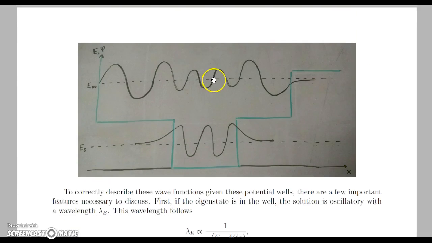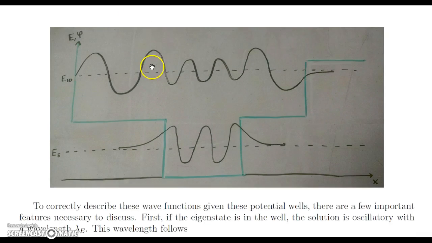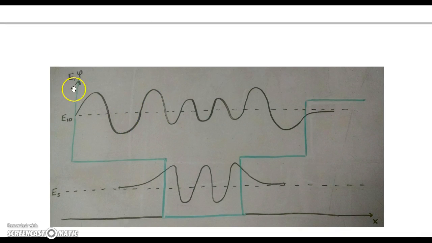Alright, so similarly, we can do some analysis on this one. So we have the 5th and 10th energy eigenstates here instead of the 4th and the 11th, but we're going to get similar things. So here for the 5th one, the wave function is going to start in a classically forbidden region, which means that we're going to have this decaying function going off here to 0 or negative infinity, however you want to consider it.